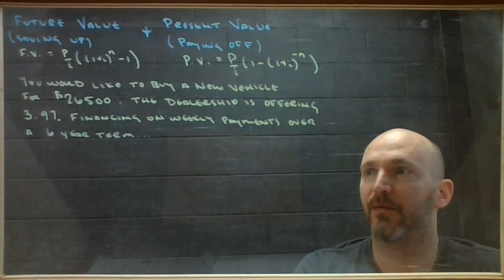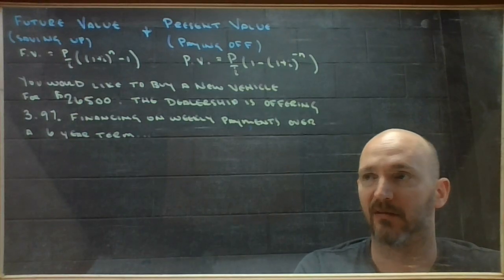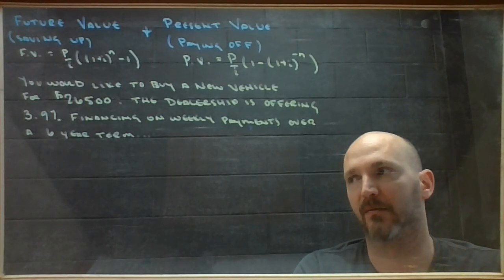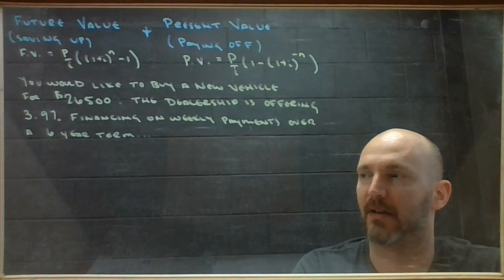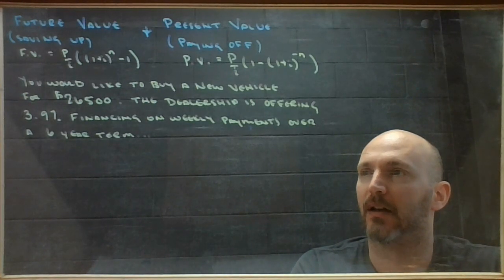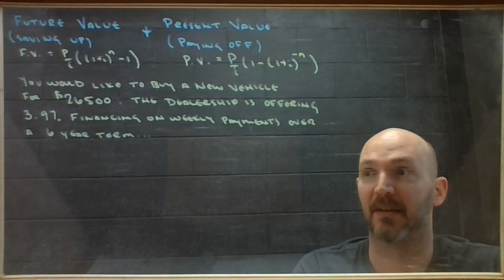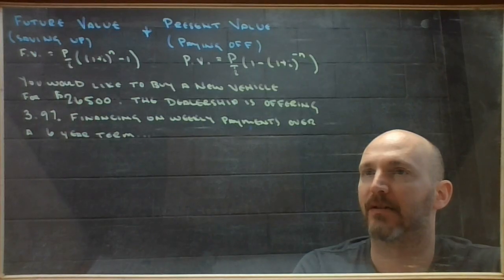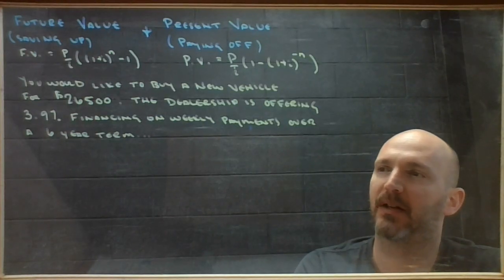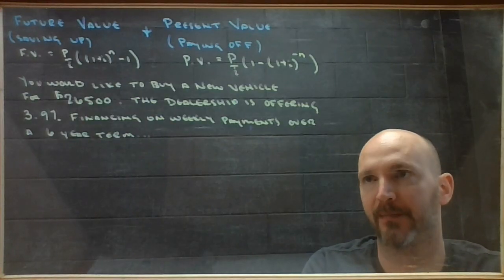We're going to buy a new vehicle for $26,500, which is the manufacturer's suggested retail price, MSRP, of a typical car at this point in time. The dealership is offering 3.9% financing on weekly payments over a 6-year term.